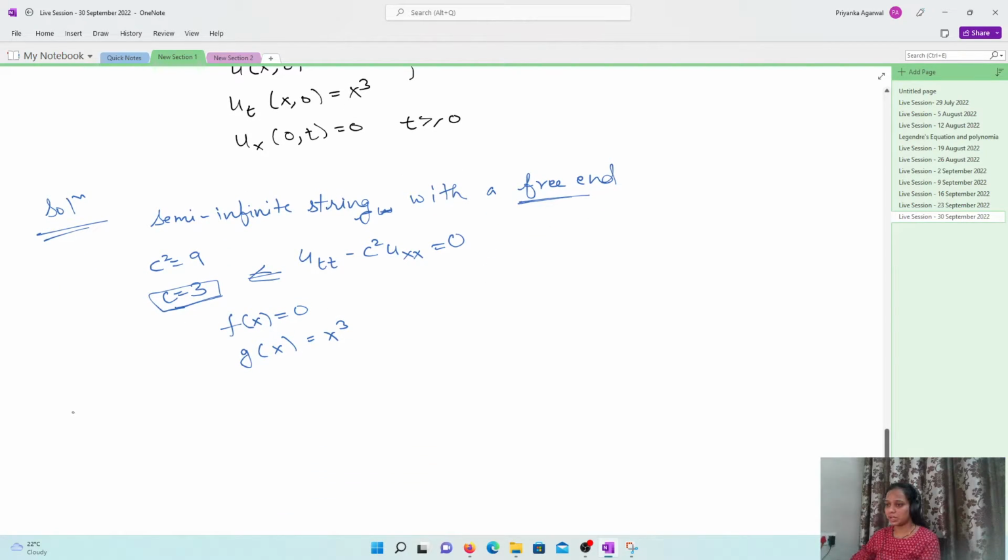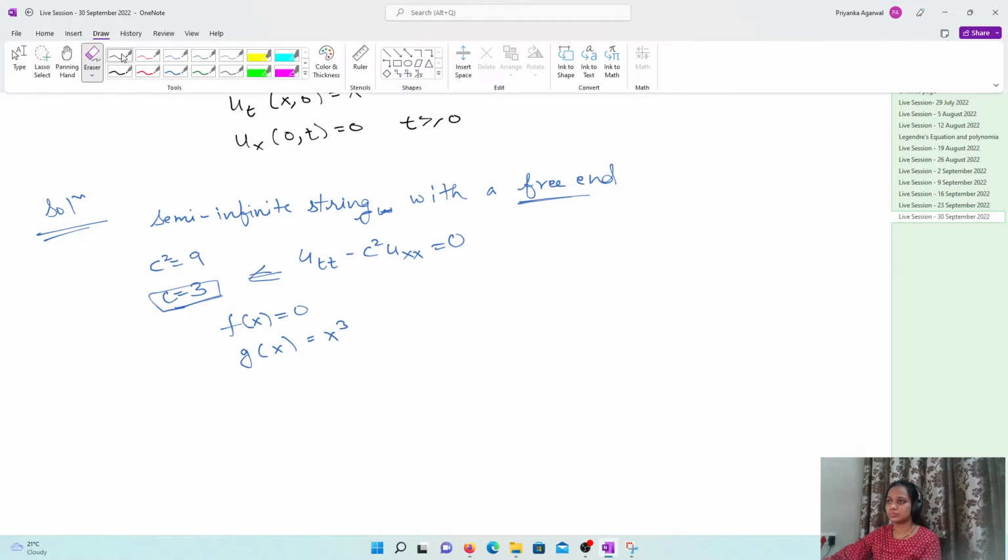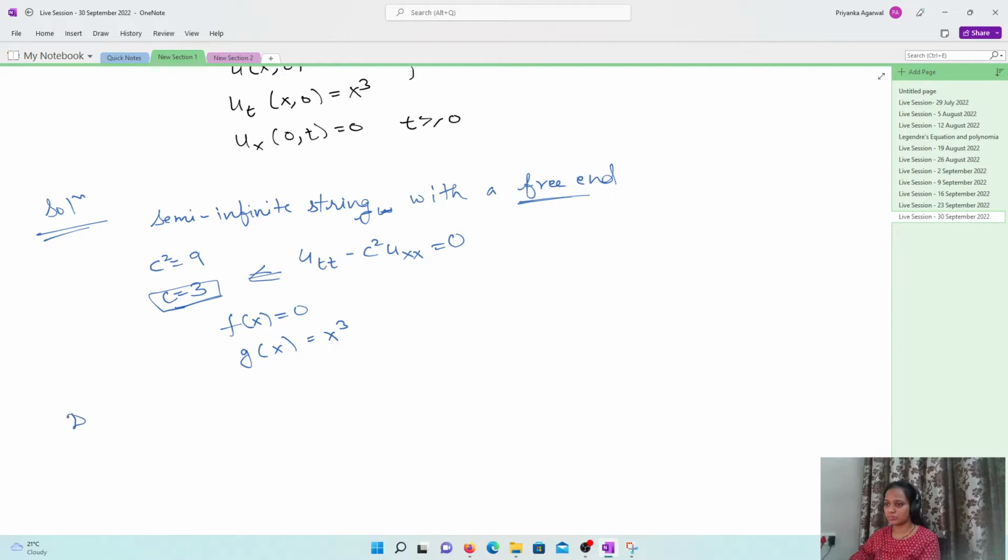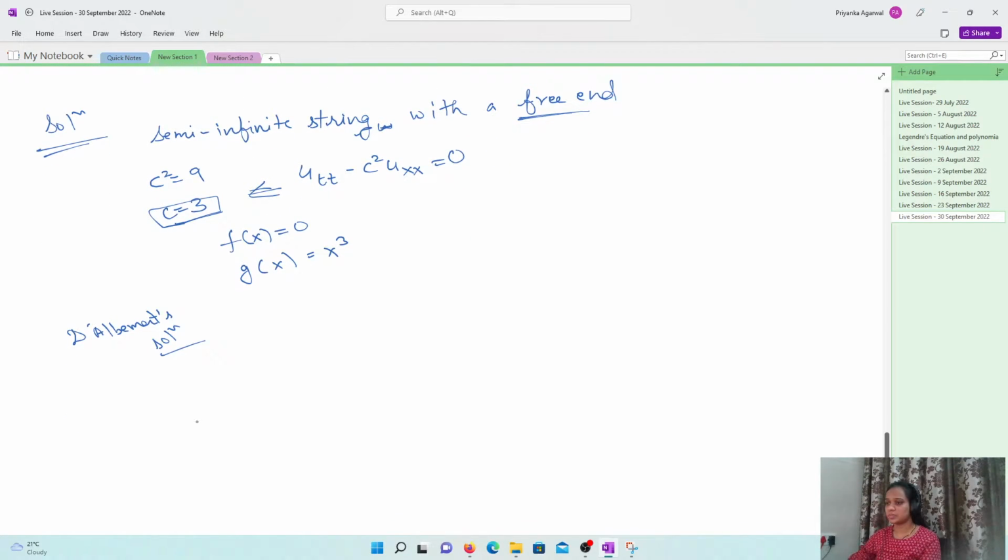So if we write using the algebraic solution, the first part will become 0, the part which is containing f(x).